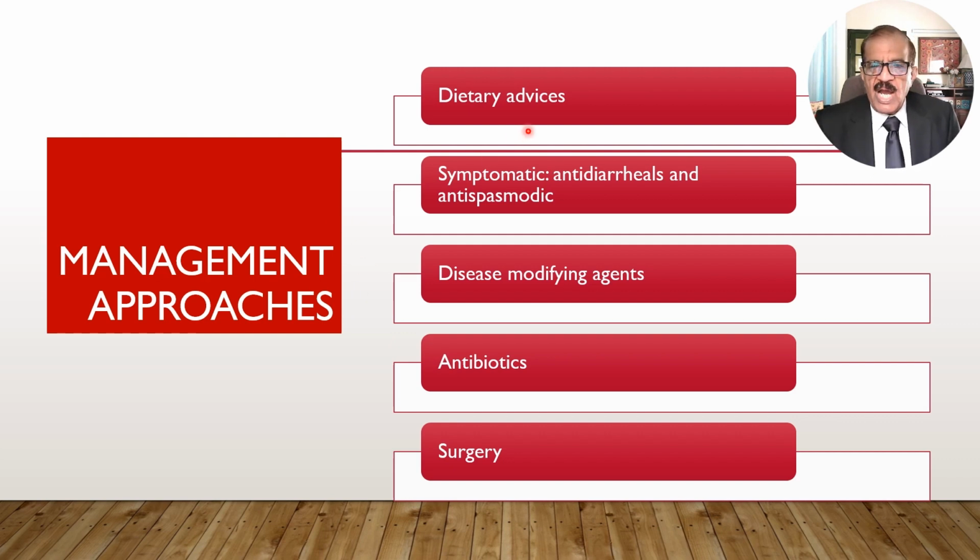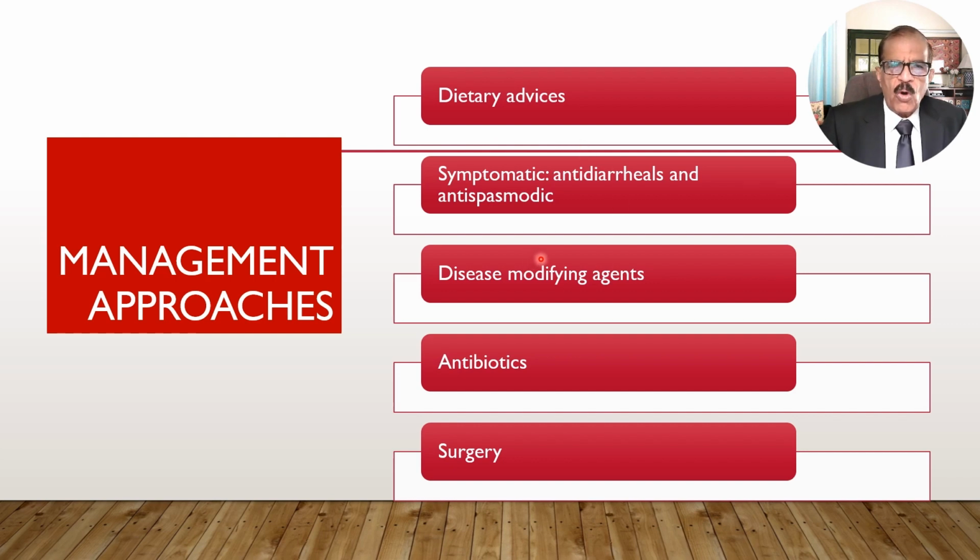So there are dietary advices, and many times the patient would have identified certain diets which are causing an increase in symptoms, so the patient can avoid them. I think dairy products are more likely to precipitate symptoms, so the patient may avoid dairy products.